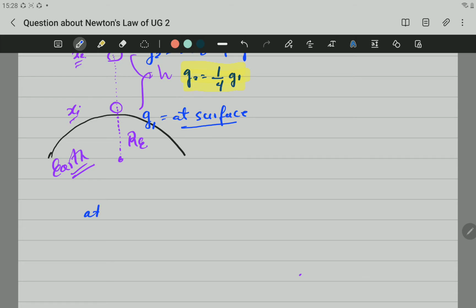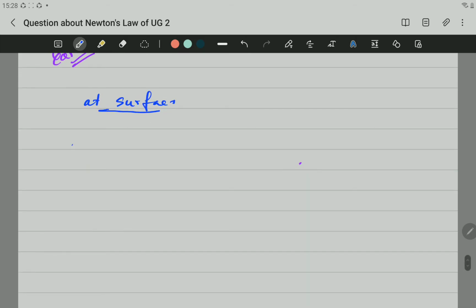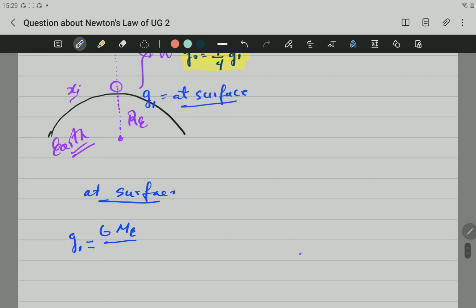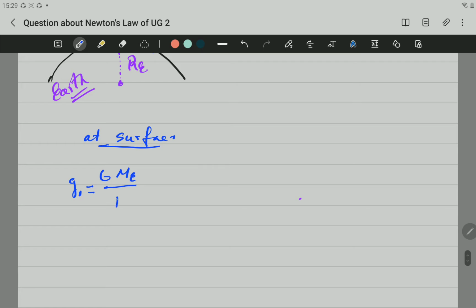So at the surface, we can calculate the acceleration due to gravity: G1 is equal to the constant of gravitation multiplied by the mass of the Earth divided by the distance between the center of the Earth and the surface, which is the radius of the Earth squared.